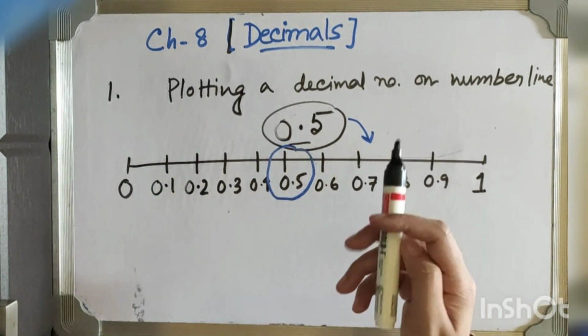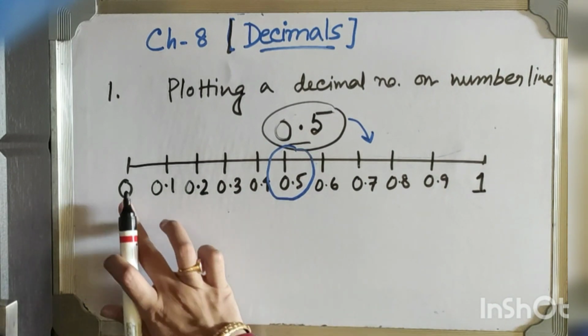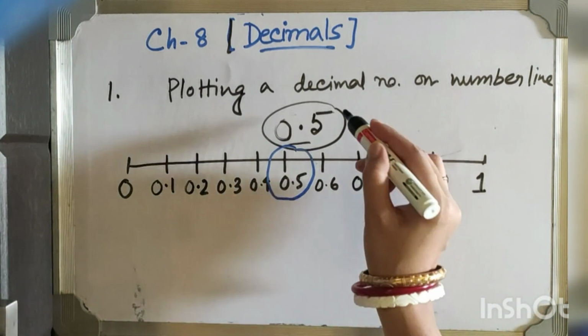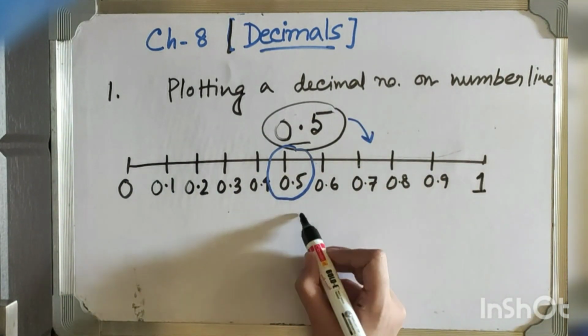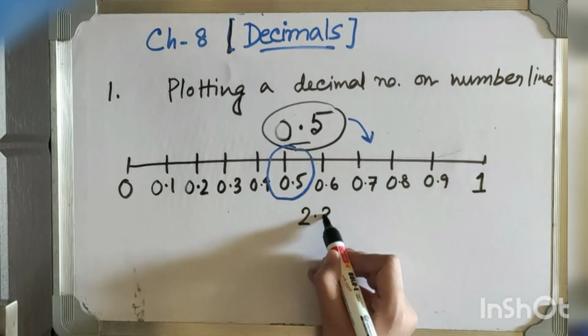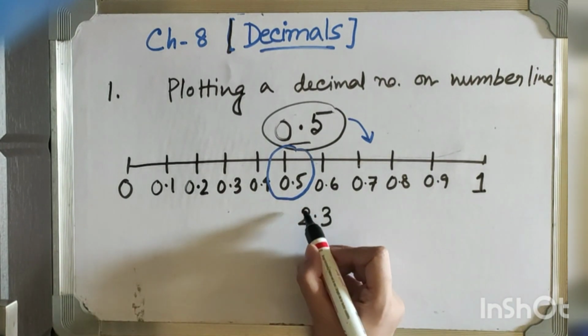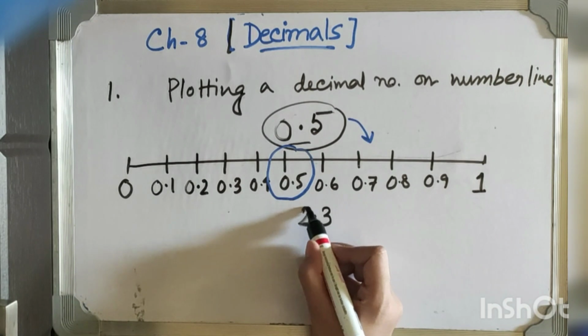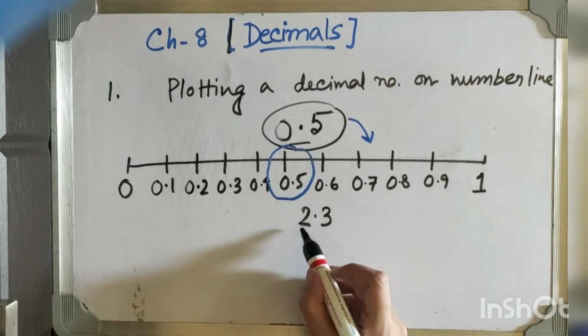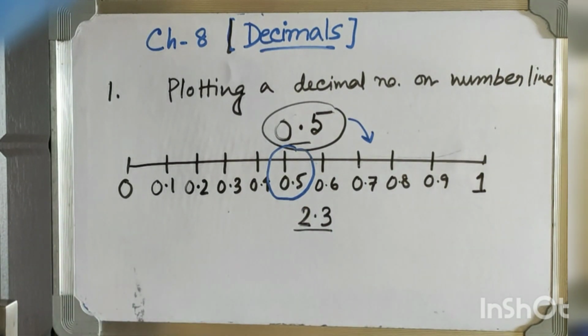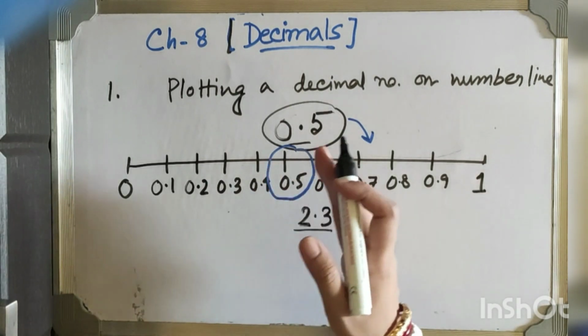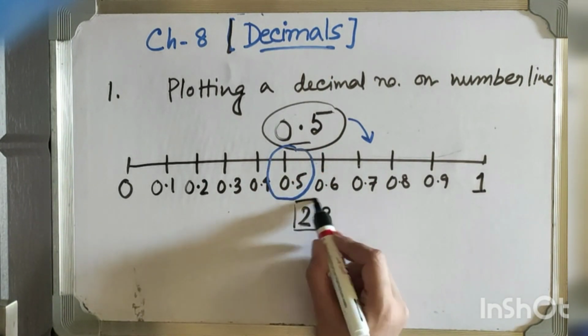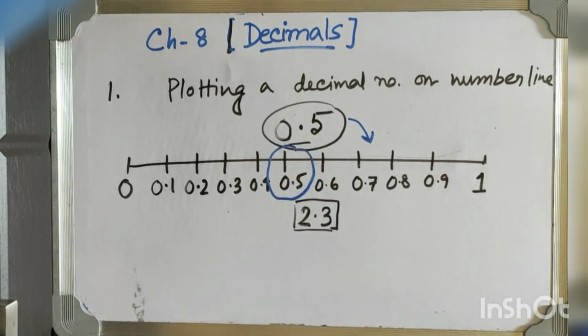Okay, so first step you have to check between which two integers the decimal number is lying. Let's take another example. Suppose 2.3. So this decimal number is greater than 2, and definitely the next integer is 3. So this number is lying between 2 and 3.